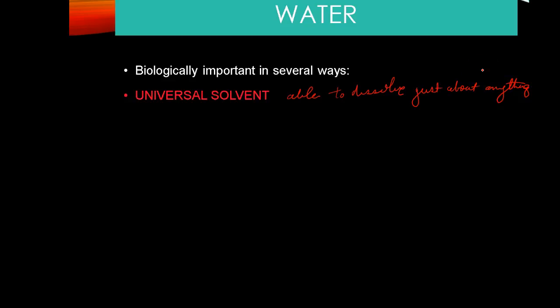Okay? And that ability to dissolve just about anything comes from the fact that water is a polar molecule. If you remember the oxygens, say for instance, we wanted to put salt into solution. The oxygens would surround the sodium and push it away from the chlorine, and the chlorine will be surrounded by the hydrogen. So it's a universal solvent, can dissolve just about anything.